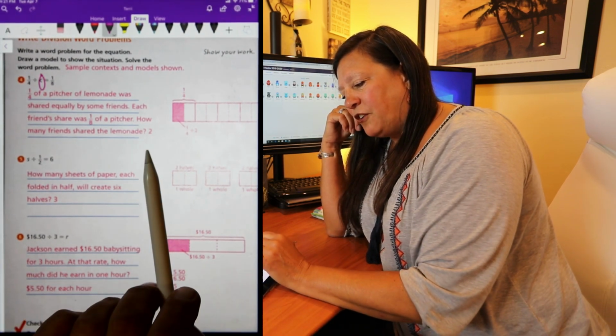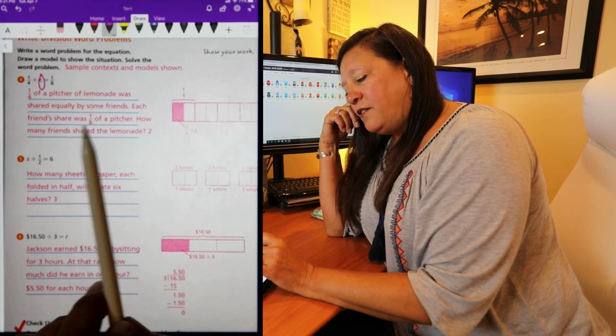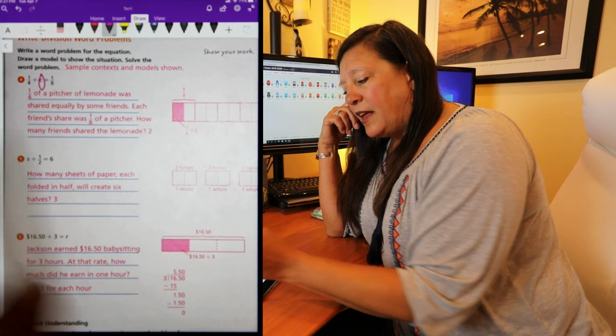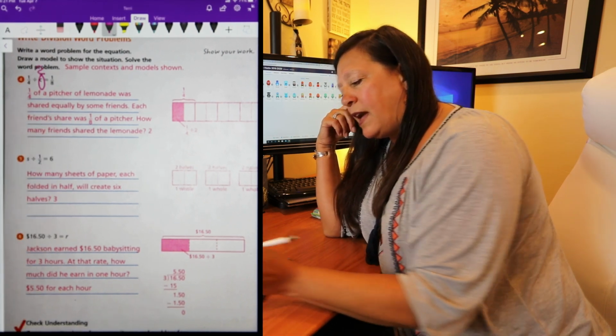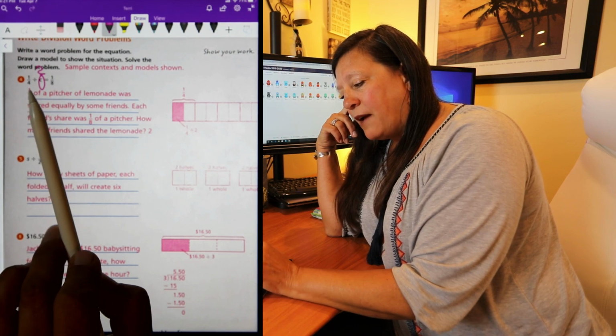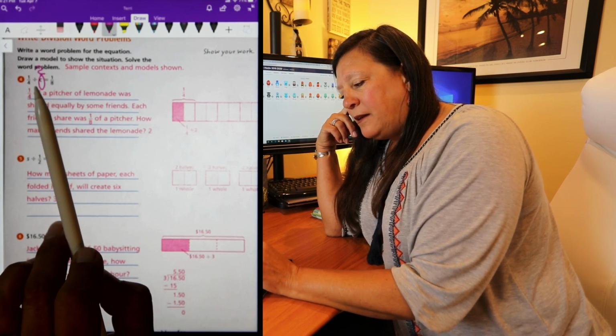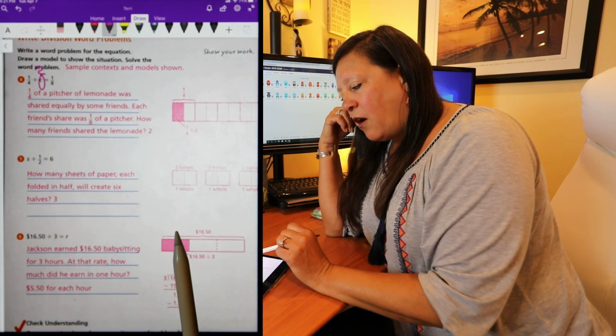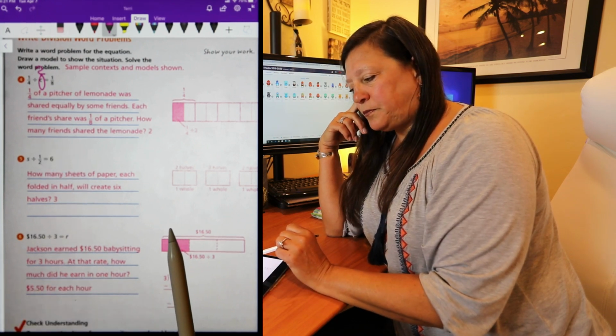How many friends are sharing it equally? Each friend's share was 1/8 of a pitcher. How many friends shared the lemonade? That answer would be 2, because here we have 1/4 divided by 2 equals 1/8. So you're going to solve for that 2.